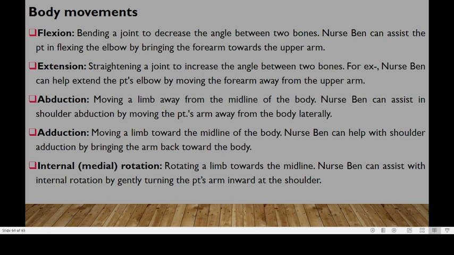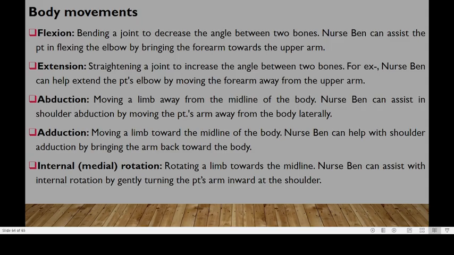Talk of extension, where nurse Ben can help extend the patient's elbow by moving the forearm away from the upper arm. Talk of abduction, where nurse Ben can also assist in shoulder abduction by moving the patient's arm away from the body laterally.